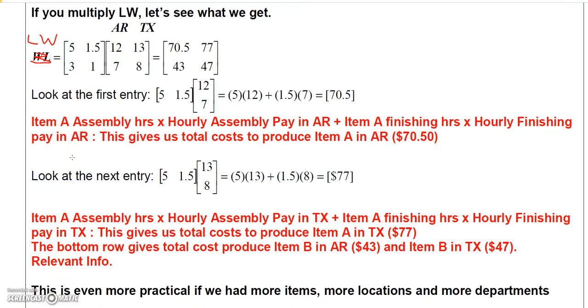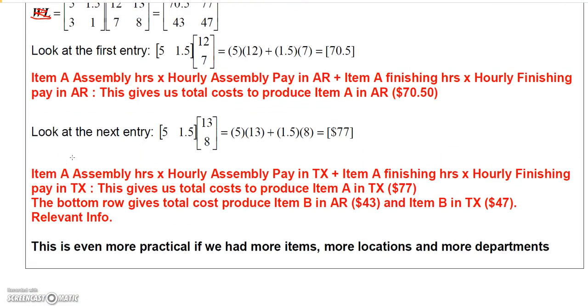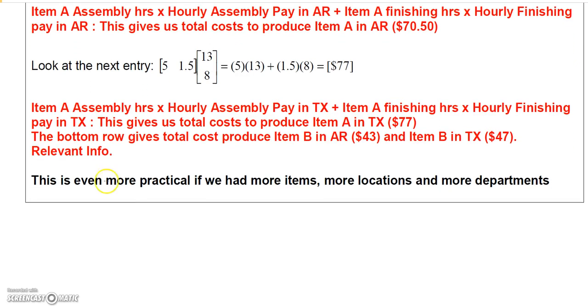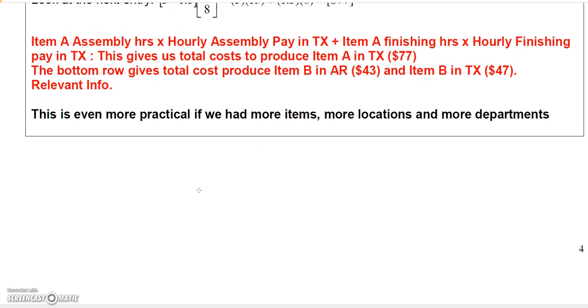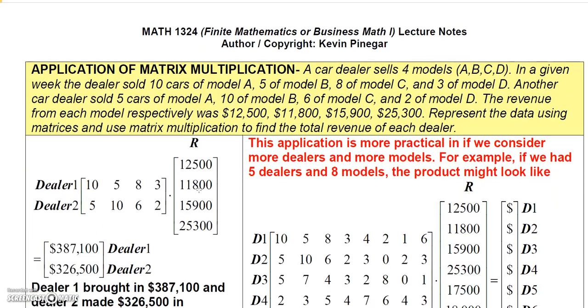At least it's practical. And it would be even more practical if we had more items, more locations, and more departments. So that's an example of matrix multiplication.